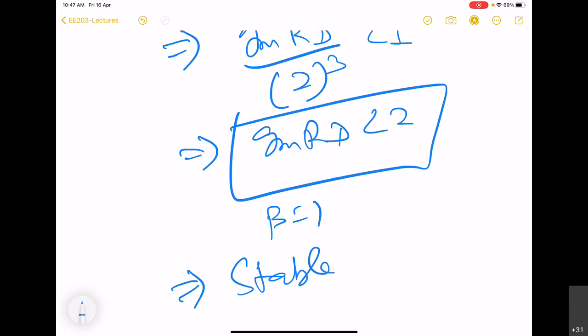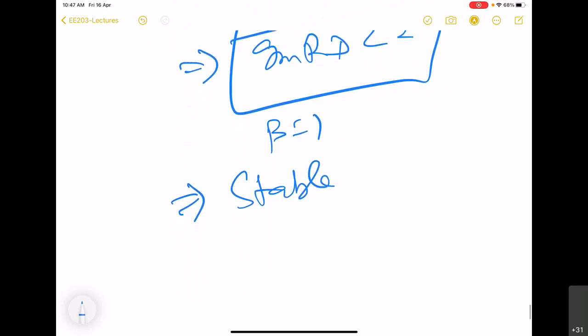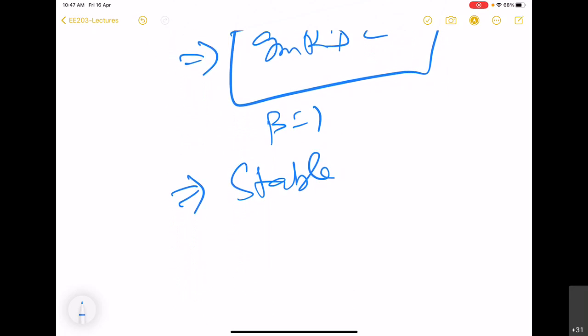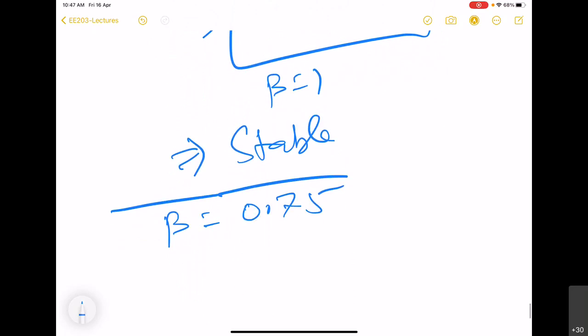One can choose a beta smaller than 1. In that case, for say beta equal to 0.75, what you will have to do is ensure that beta A is less than 1 at omega px.